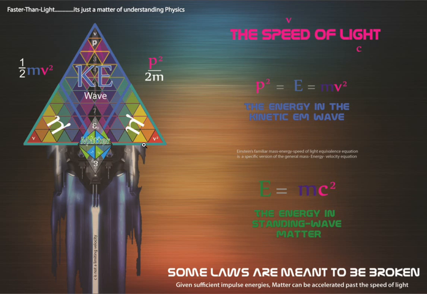Once we have a square number, any square number of energy momenta will produce a linear momentum that is the square root of that Compton frequency.